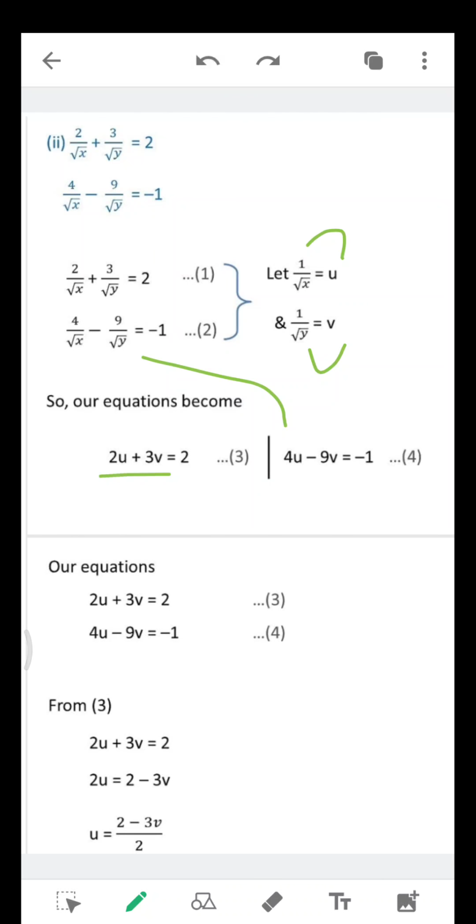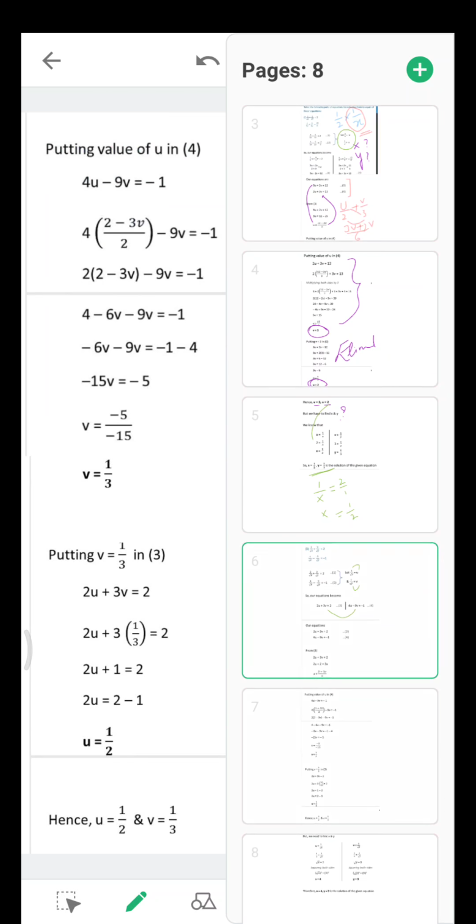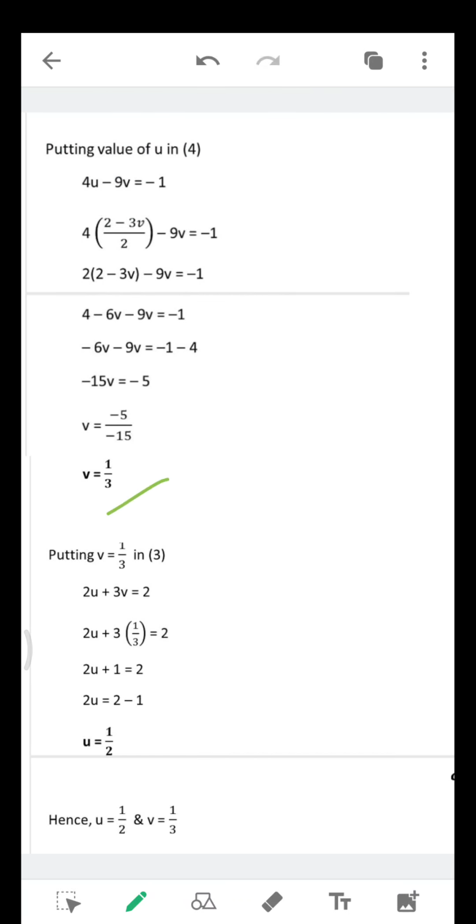Now after this you can solve. Now our equations are reduced to simple pair of linear equations. Okay, our question is reduced to the pair of linear equations. Now you can solve these two equations by any method. So I have solved it by substitution method, and I have got u and v values.